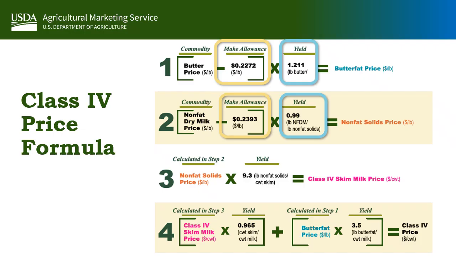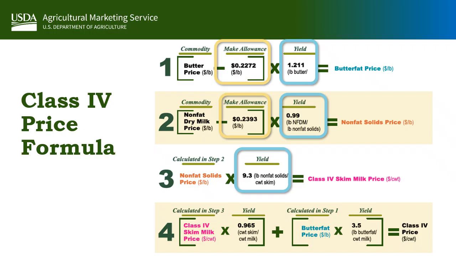Again, 0.99 is the fixed number that represents how many pounds of non-fat dry milk can be made from 1 pound of non-fat solids. Next, the non-fat solids price is multiplied by its yield factor, which is 9.3, to find the Class 4 skim milk price. 9.3 represents the pounds of non-fat solids found in 100 pounds of standard skim milk.